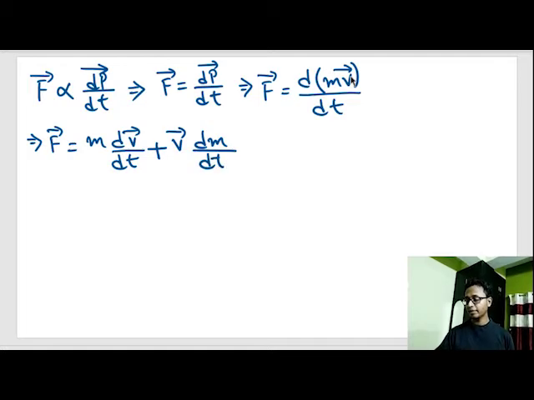So this is a mathematical concept. Okay, F is equals to d(m into v) by dt, where F is equals to m dv by dt plus v dm by dt.